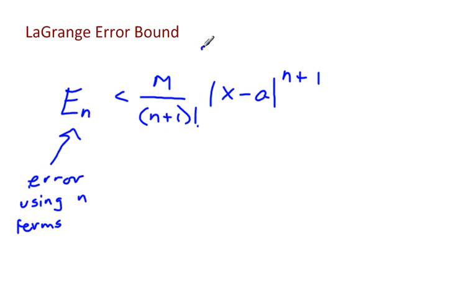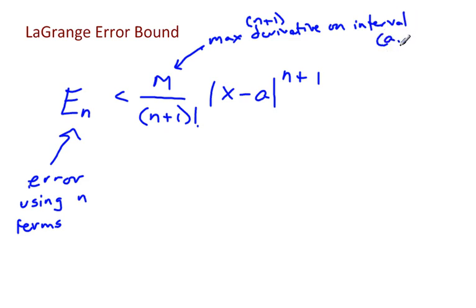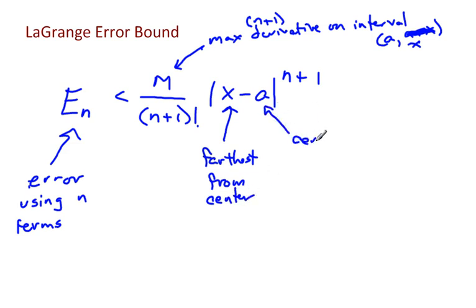Then M right here is the max derivative, the max of the n plus 1 derivative on the interval from a to x. x right here is the farthest you are from the center, and a right here is the center.